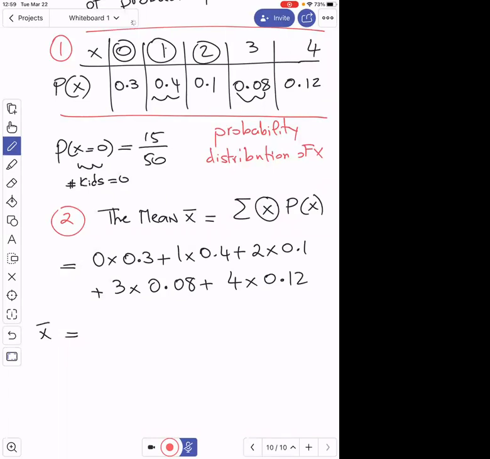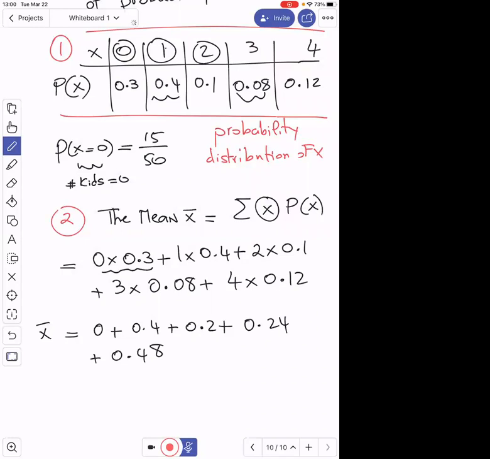So this is again X bar. Multiplication first, of course: 0 times 0.3, 0 times any number is just 0. 1 times any number is going to be the same number. So 1 times 0.4 is 0.4. 2 times 0.1, that's 0.2. 3 times 0.08, that's 0.24, and then plus 4 times 0.12, that's 0.48.